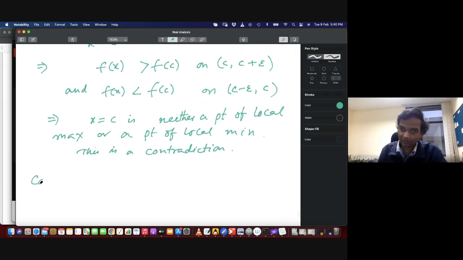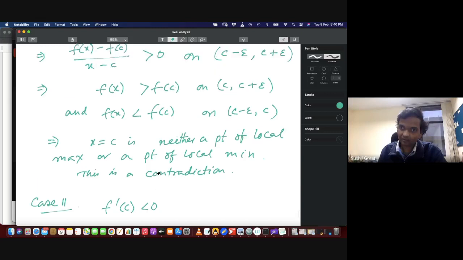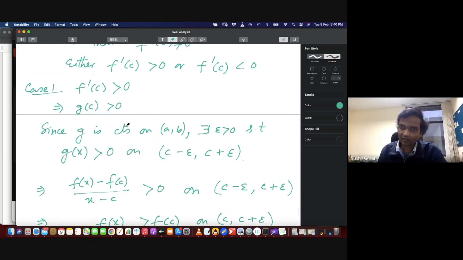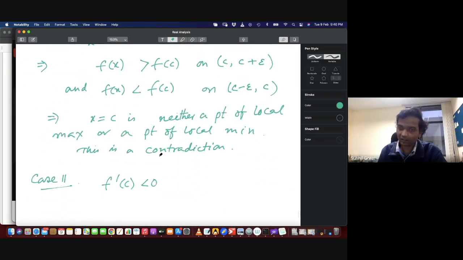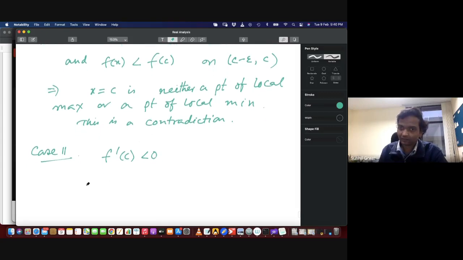Now case 2, f prime c is less than 0. So this means g of c is less than 0.